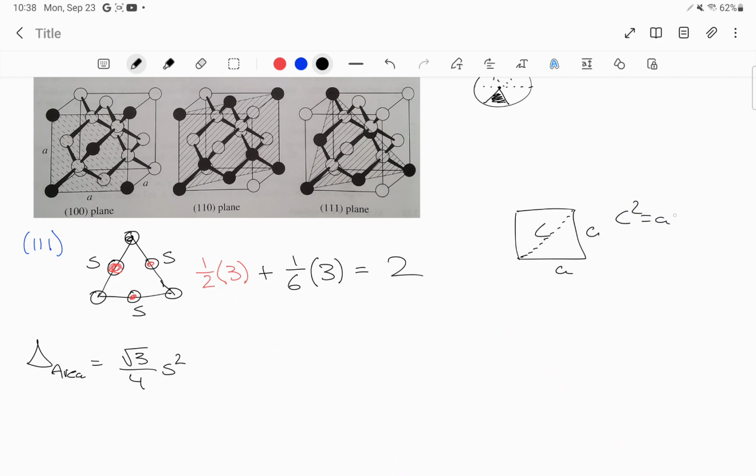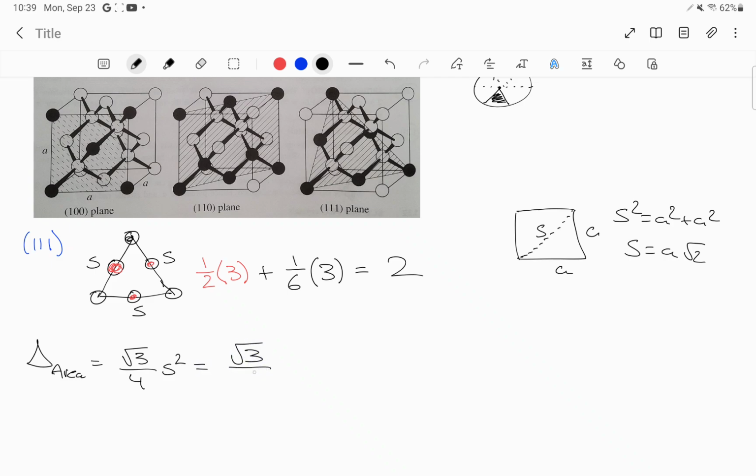So using our Pythagorean theorem, we know that C is equal to A square root of 2. And C, well, in this case we called it S, right? Let's call it S. So that's what S is. So if S is the bottom base of the triangle, and if all the lengths are the same, then S is also going to be this length and this length as well.